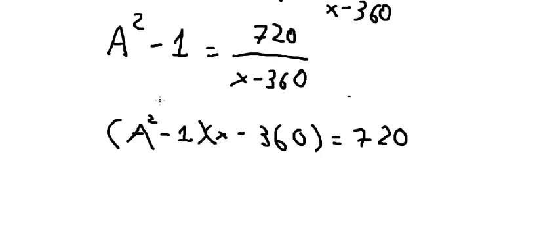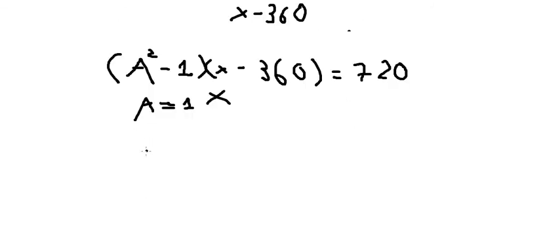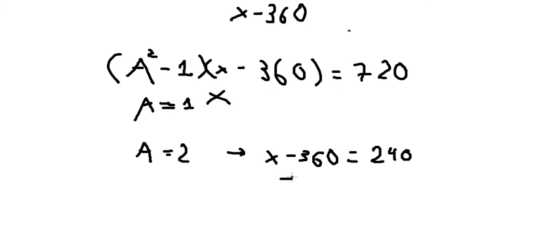If we start with a equal to 1, you get 0, so we don't have a value here, so we cannot use a equal to 1. If a equals 2, you get 2 squared minus 1, which is 3. 720 divided by 3, you get 240. So we get x equals 600.